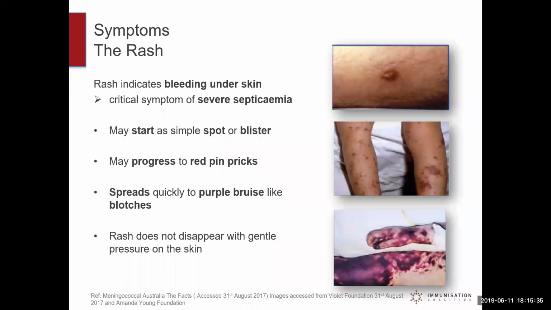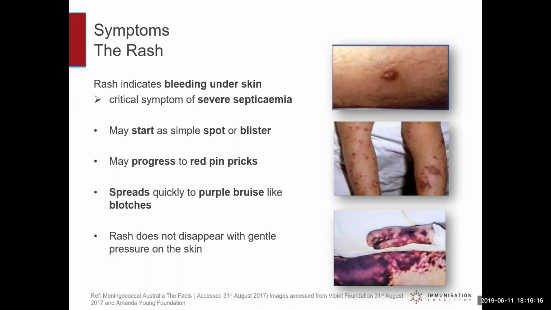So this classic meningococcal rash that people talk about happens when the bacteria multiply in the blood vessels. This bacteria then releases toxins, which in turn damage those blood vessels. So then the blood leaks out through the tissues and sits underneath the skin, giving it this initially spotted appearance and then leading into much larger purple bruises or hemorrhages, which will just cover the body bit by bit before your eyes.